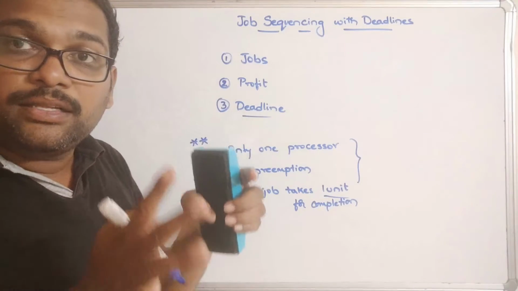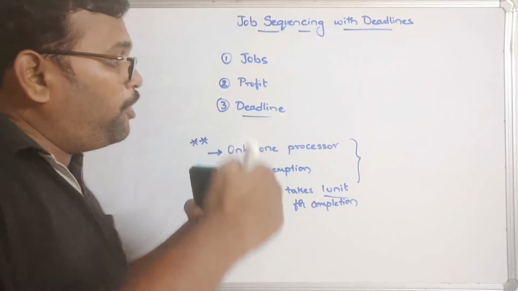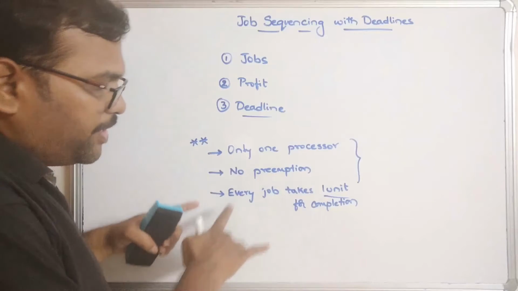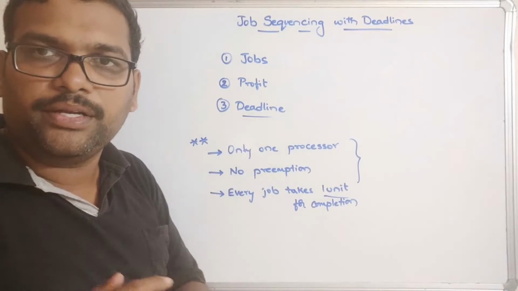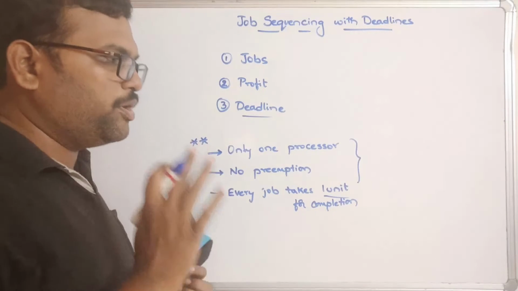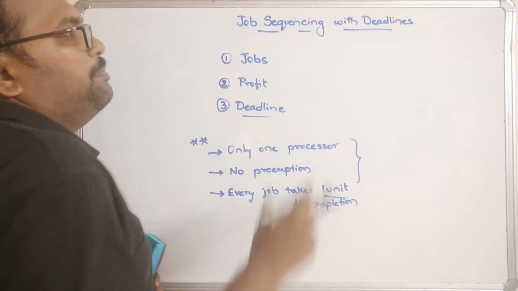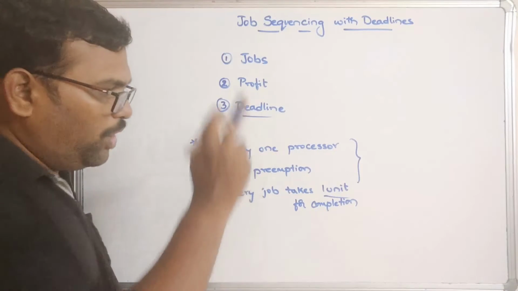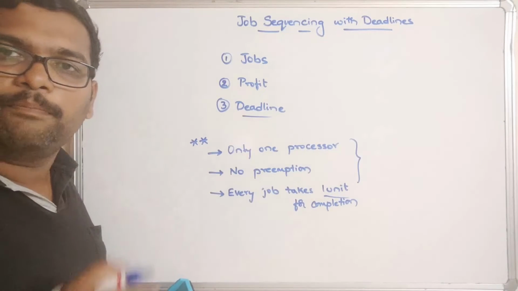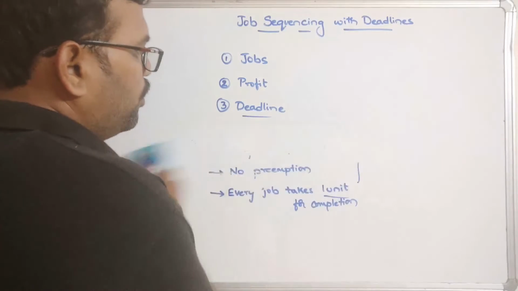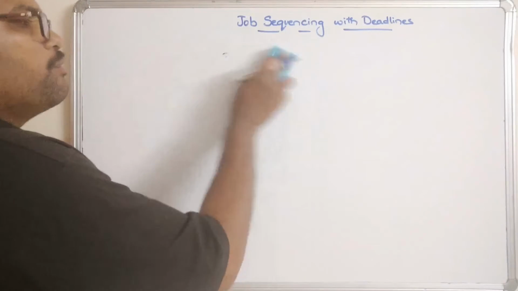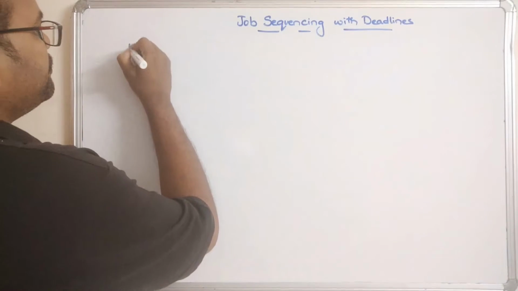Deadline means the time by which the job has to be completed, but every job takes only 1 unit. These three things are most important and we have to remember them before applying job sequencing: only one processor, no preemption, and every job takes 1 unit for completion. Now we'll see the procedure, or we can call it an algorithm.